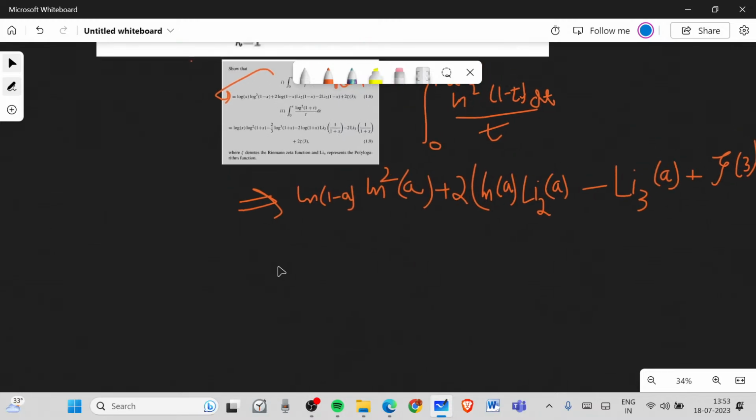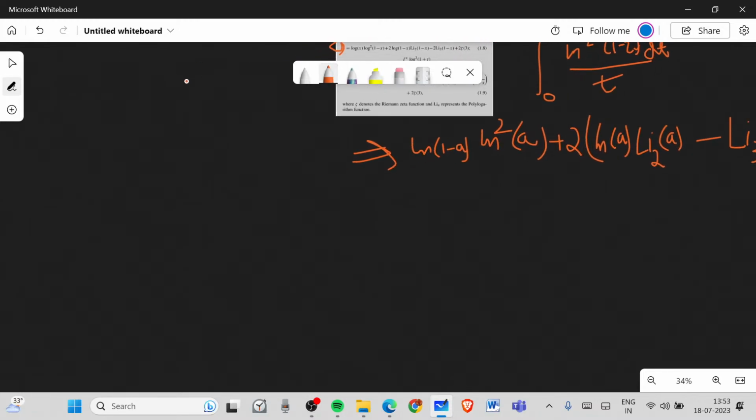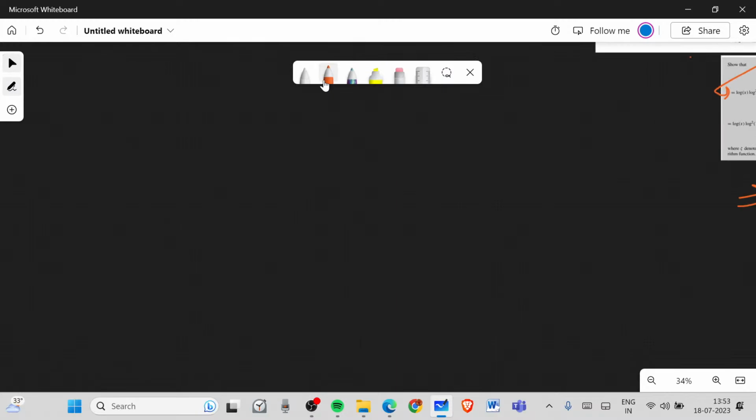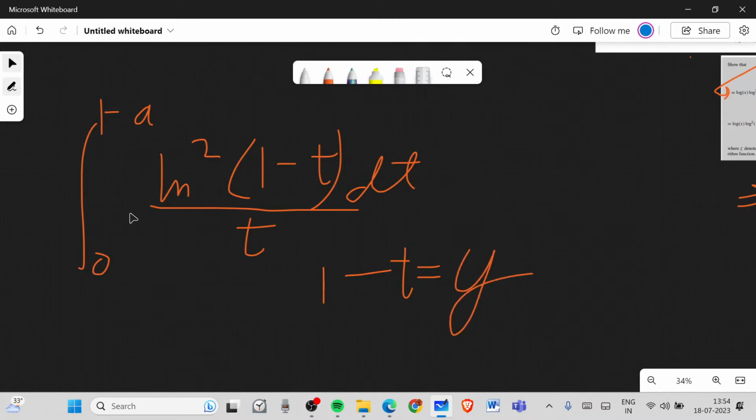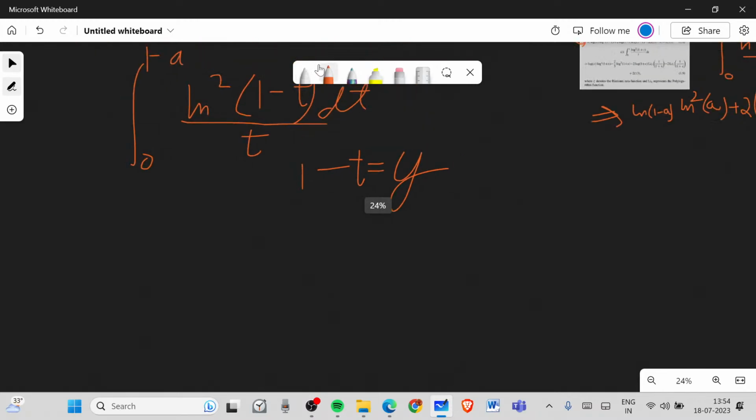Now let's start with this integral. What's our integral? It's the integral from 0 to 1 minus a of ln square 1 minus t by t dt. Our next step is putting 1 minus t as, tell me a good variable, y.